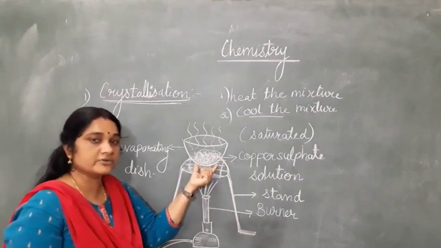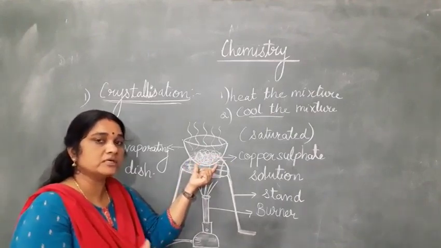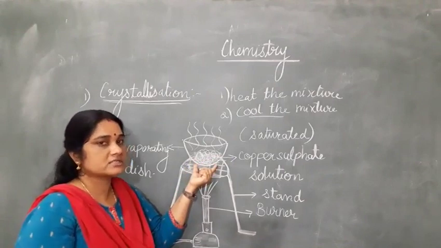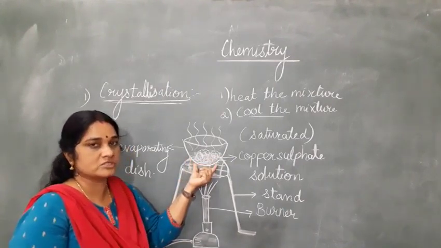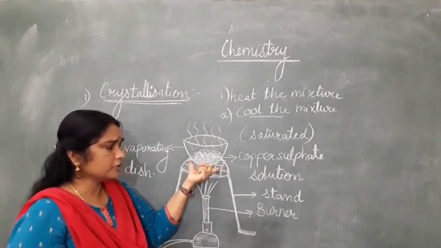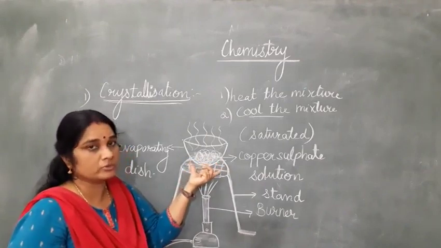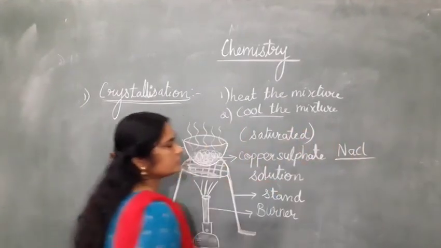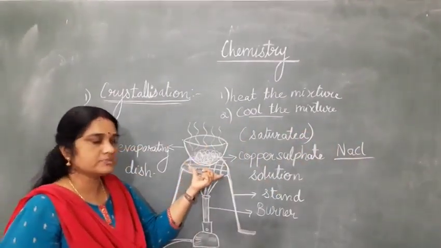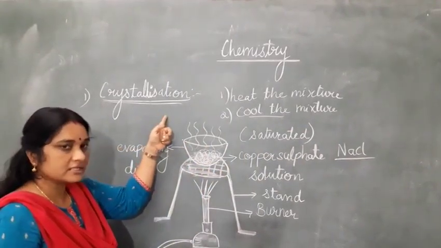In the same way, copper nitrate can be obtained. There are two kinds of substances, amorphous and crystalline, and this is the best method of getting pure crystalline substances. Potassium nitrate, and sodium chloride, NaCl, salt from seawater, can also be purified by this method, which is known as crystallization.